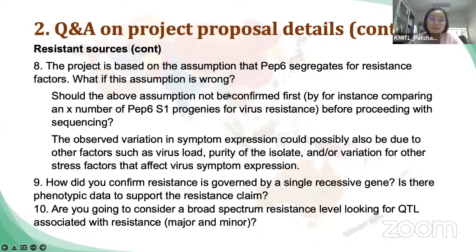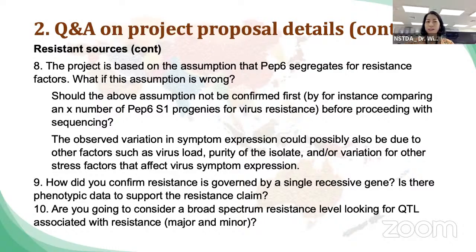For number 8, the segregation of the resistance from PEP6 factor is wrong. Dr. Pracharapan is pretty sure that the trait is genetically inheritable.